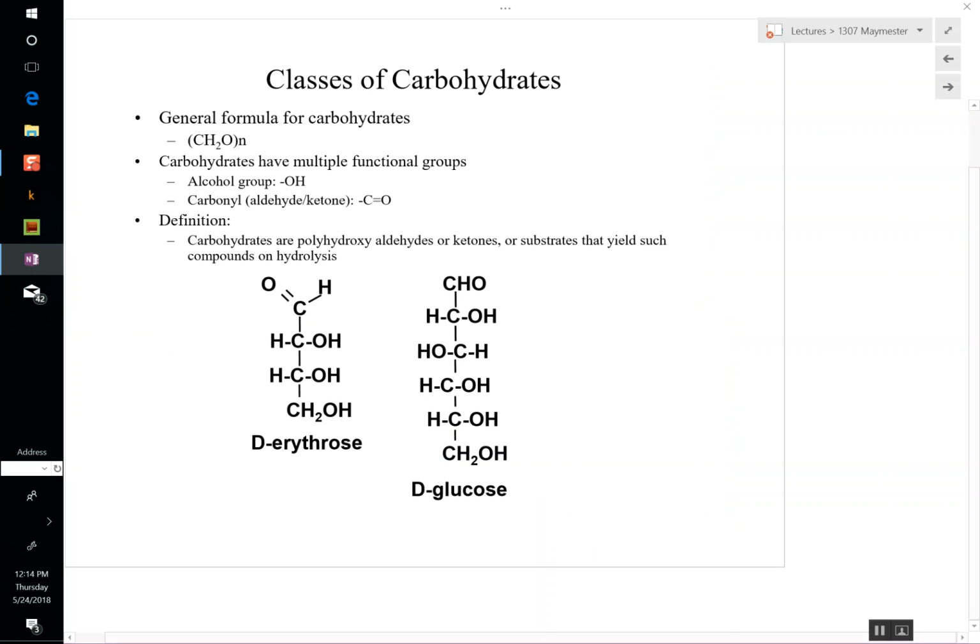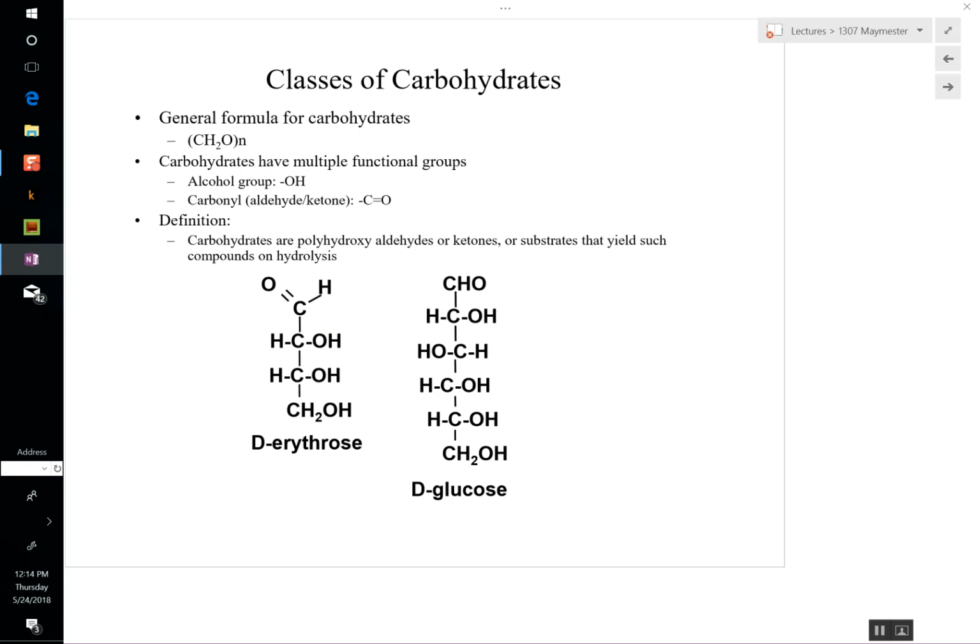Just a quick example. So there's D-erythrose, D-glucose. And we draw it a particular way. This is how we do draw it. An OH on the right, an OH on the left, and another OH on the right. We'll see why in a little bit. General formula is CH2O to the n. So this has got, n here is 6: 1, 2, 3, 4, 5, 6. What does the n stand for? How many carbons are in the sugar?